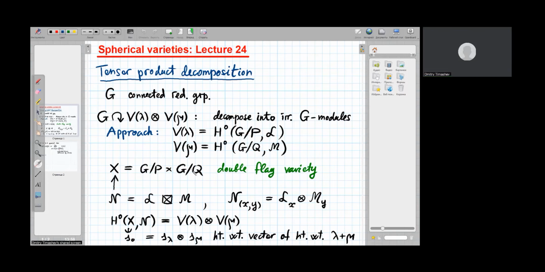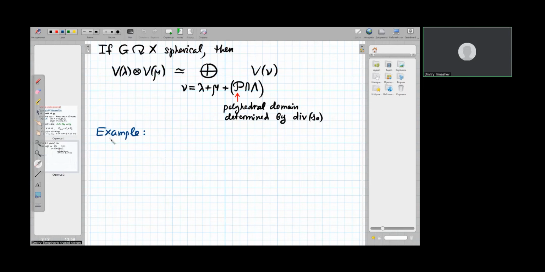Okay. So let me come back to this example. In this example, the acting group G will be just GL_n, the basic example of a reductive group. And we consider the representation of GL_n in some symmetric power of the standard representation.